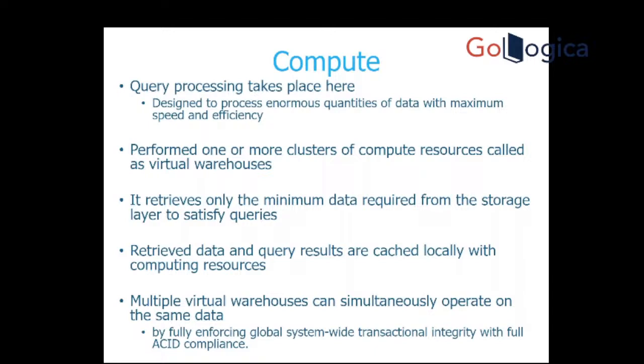Okay. So it is only the minimum data required from the storage layer to satisfy your query. The services analyze your query and design the query execution, right? So you will have an execution plan. That will be made by the services, and it can get only the data which is required for your query. And it is possible to cache the query results locally.